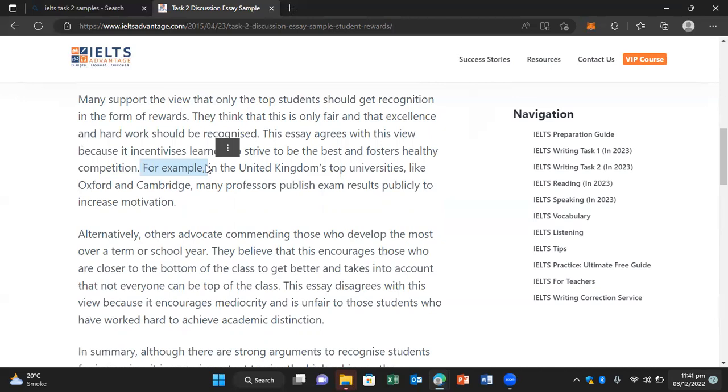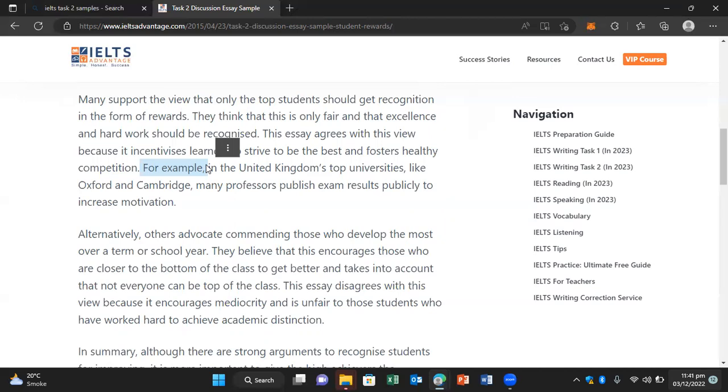Now the third point, he would be explaining that no, getting good results does not matter, but improving yourself matters. So in the third, he's writing alternatively, you can write, however, these connection words are quite important. Others advocate commending those who develop the most over a term or school year.